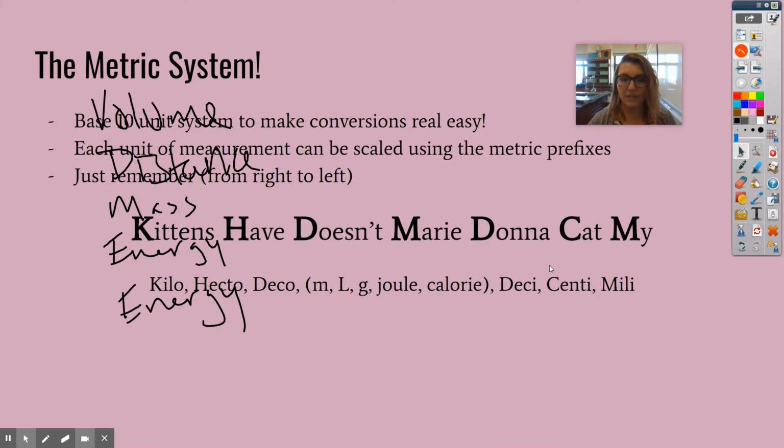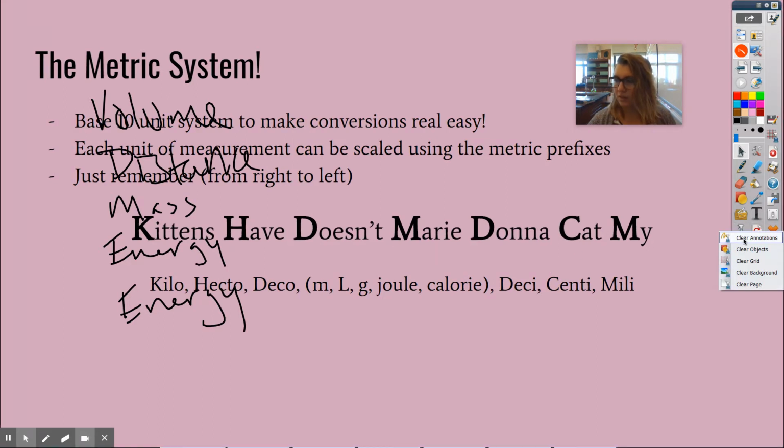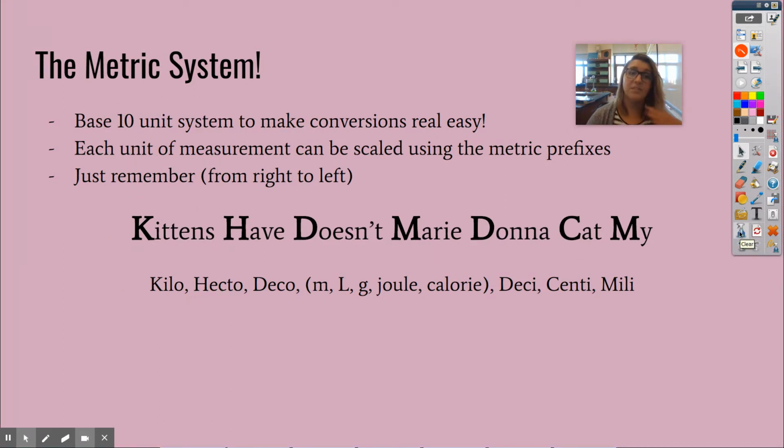All right, so then for each of these units, we also have the metric prefixes. The reason that scientists like to use the metric system is because it's base 10. And the metric system is scaled using the metric prefixes.